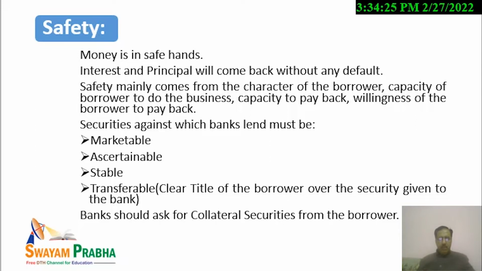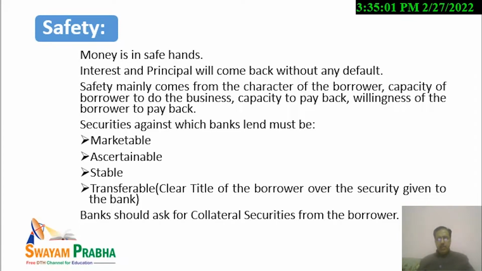That is to accept deposits from the public and then to lend it to the public, to institutions, corporate houses, and all that. The money that the bank is lending belongs to the public itself. So it becomes the first and foremost duty of the bank to ensure that the money is in safe hands.